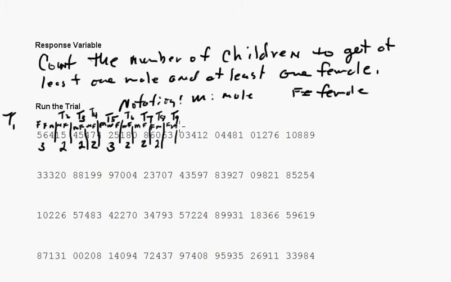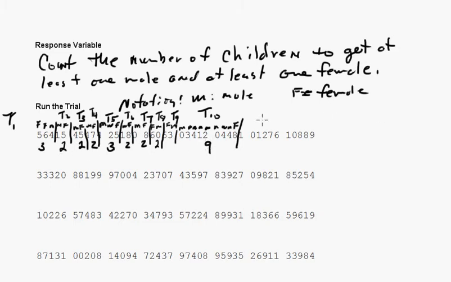Then finally, male, male, male, male, male, male, male, male, finally a female. Oh my God, it's a big family, all those boys. 1, 2, 3, 4, 5, 6, 7, 8, 9.